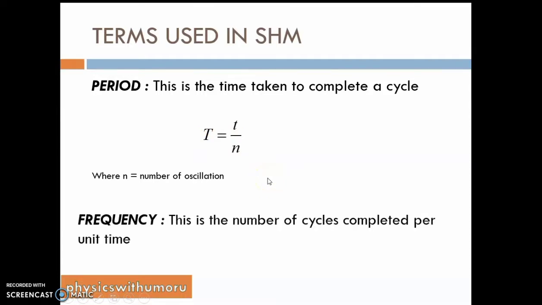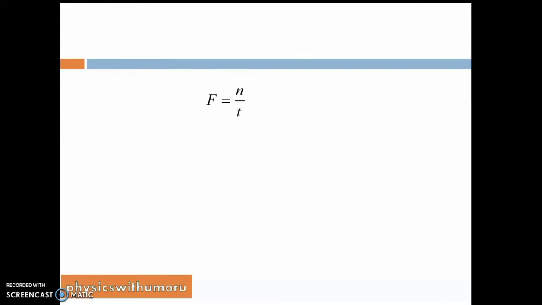And the next is the frequency. How frequently the body oscillates. Frequency is the number of cycles completed per unit time. The frequency of a body performing simple harmonic motion is the number of cycles completed by the body per unit time. So if we use f to represent the frequency, f is equal to n over t.